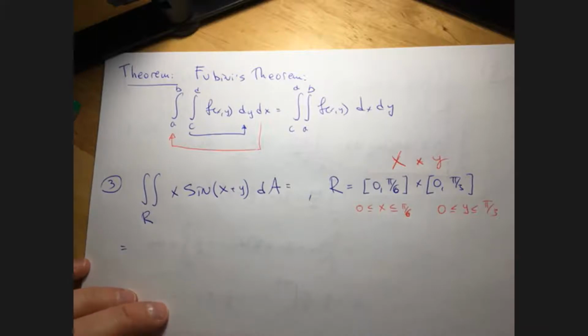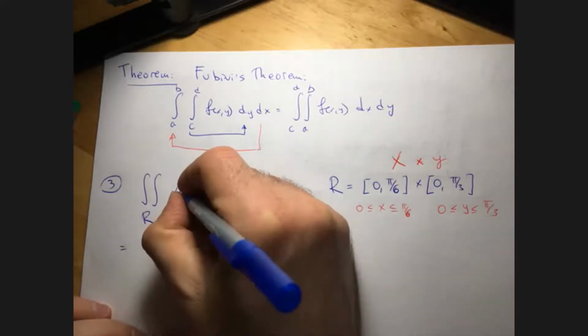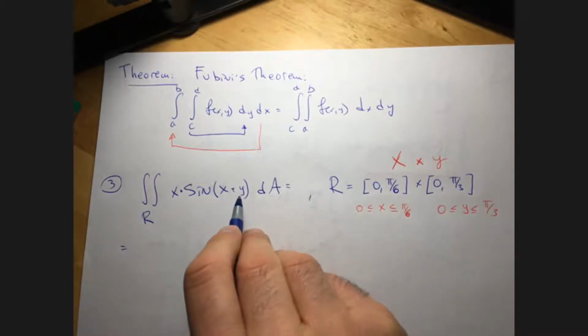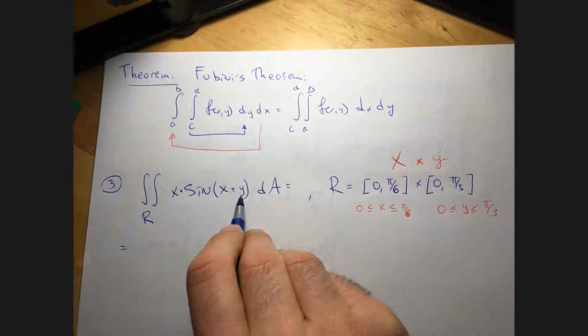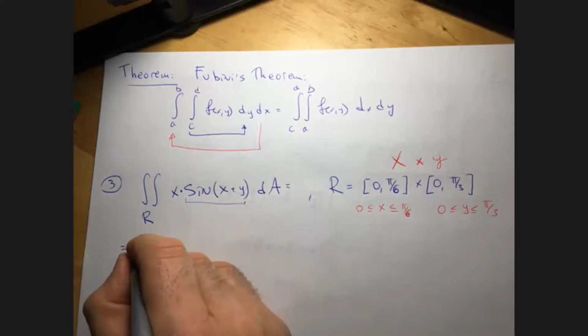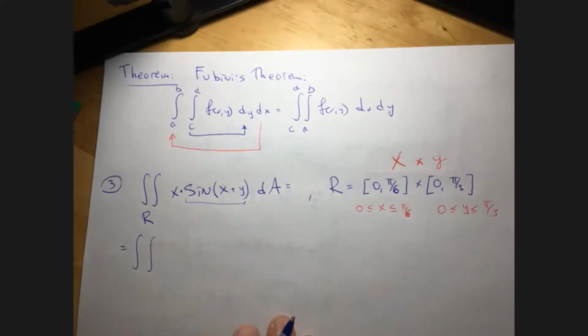So let's see, if first I evaluate this in terms of x, I'll have to use integration by parts, x times sine of x plus something. If I first integrate with respect to y, I just have to integrate this function here, and I'm going to treat x as a constant. Because I don't know any better, let's just try it that way.